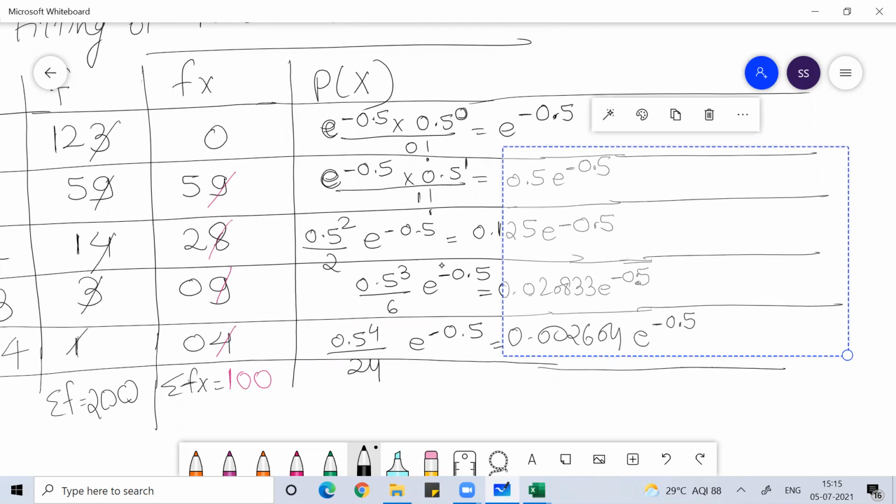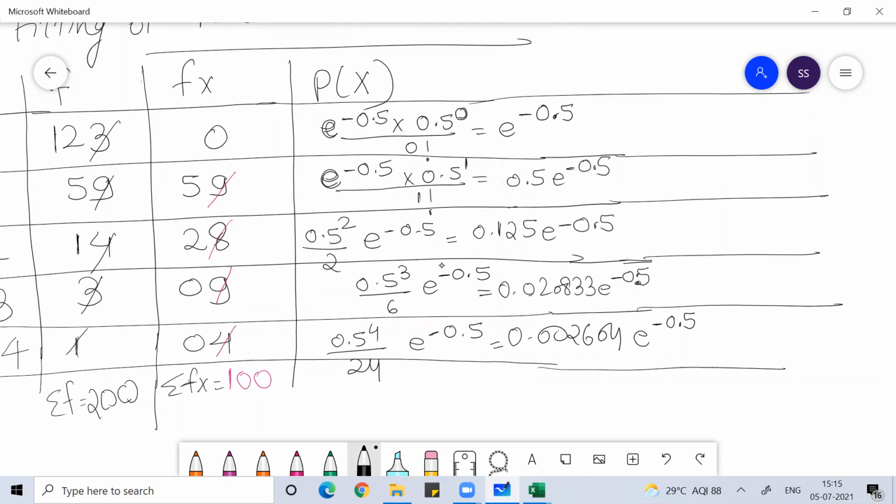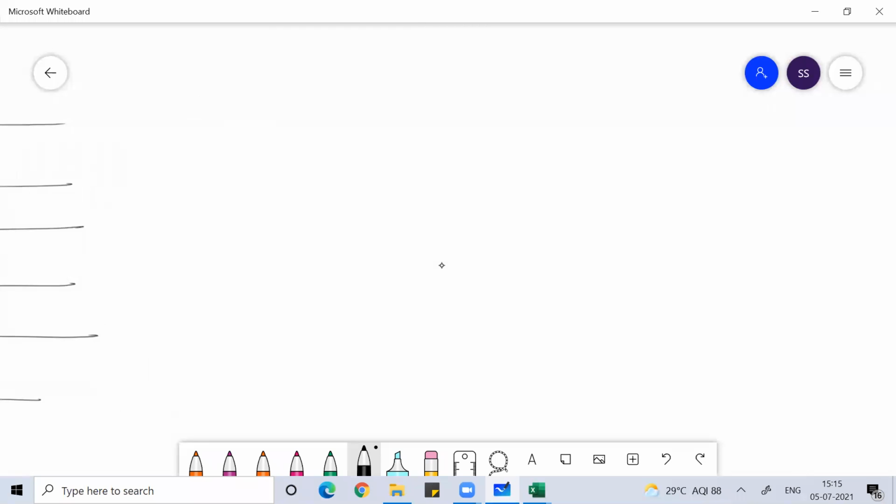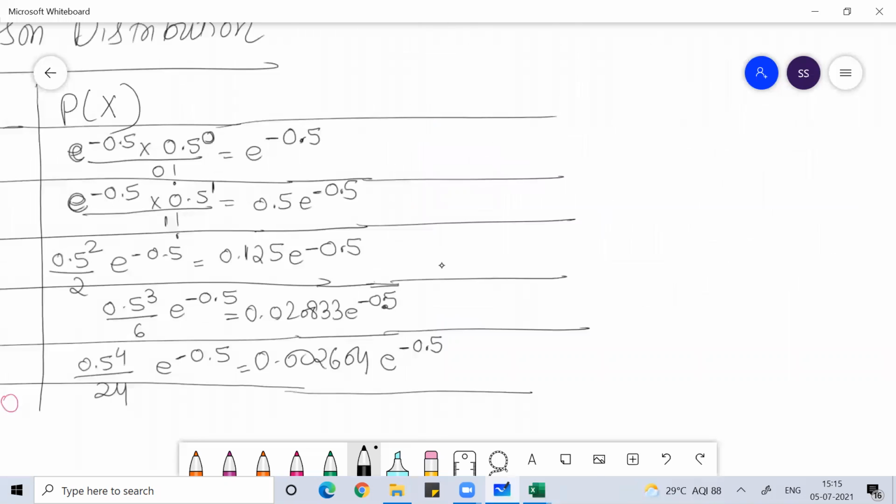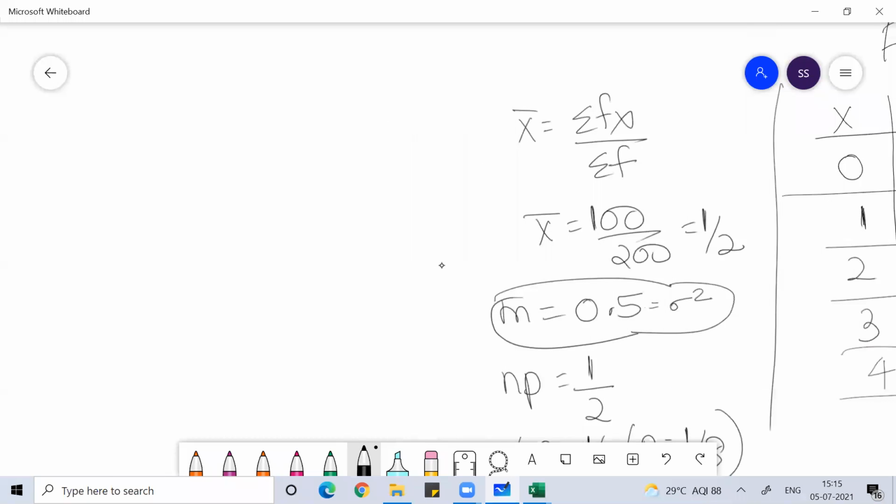So how will I be able to find this value, e to the power minus 0.5? Suppose e to the power minus 0.5.